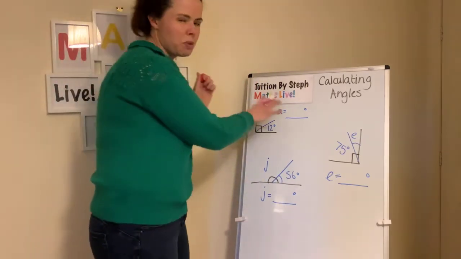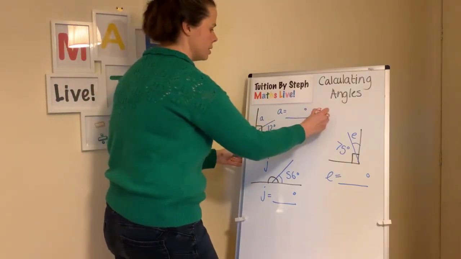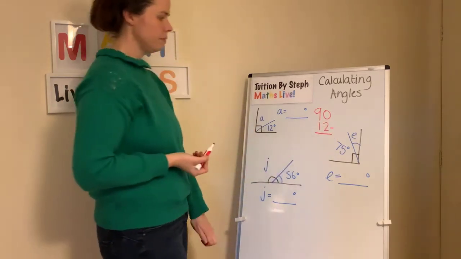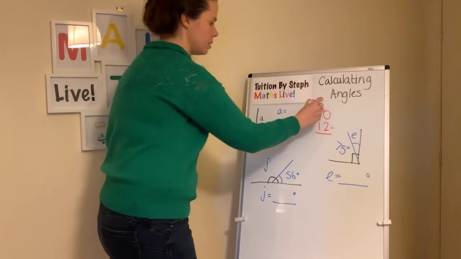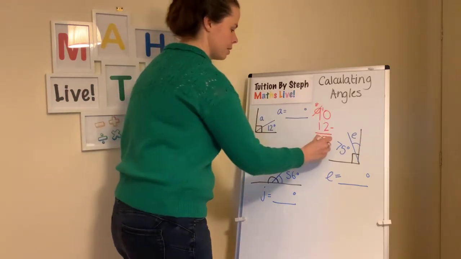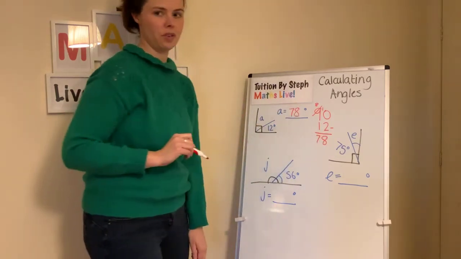So you probably knew this was out of 90. So you had to do 90 subtract 12. So angle A is 78 degrees. Well done if you got that.